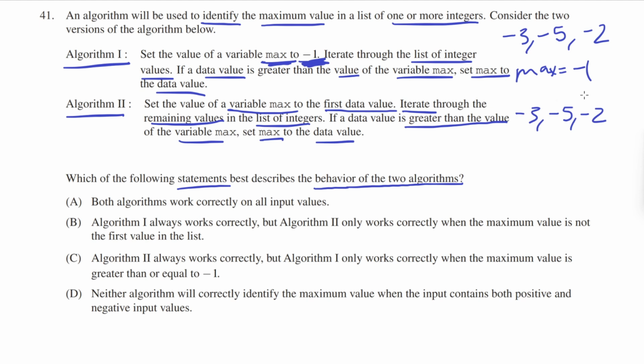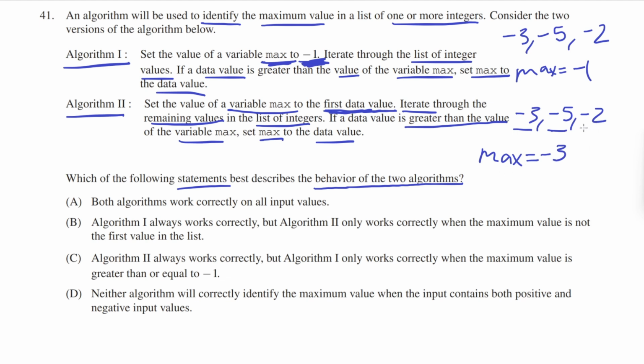Algorithm 1 produced incorrect results, but algorithm 2 will work as intended because instead of initializing max to -1, it's going to initialize it to the first data value. And the first data value here is -3. So now when max is -3 and we start at the first data value, -3 is not greater than -3, so max stays the same. -5 is not greater than -3, so max stays the same.